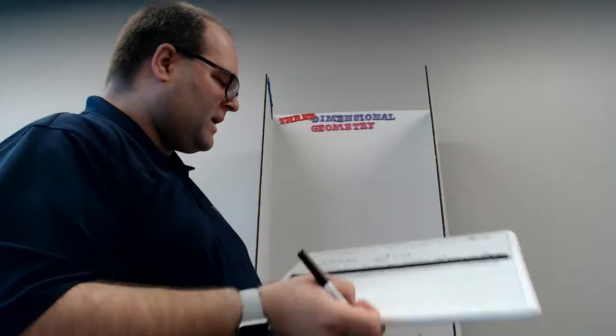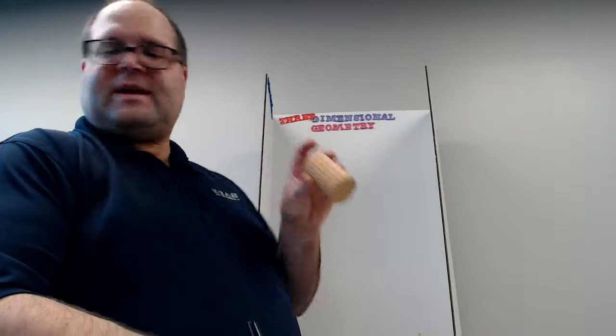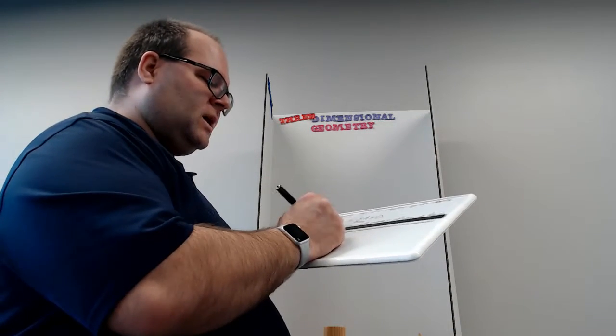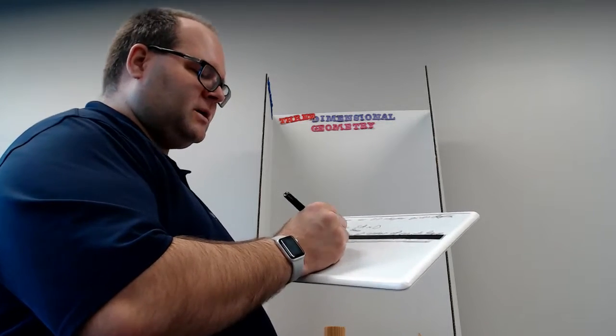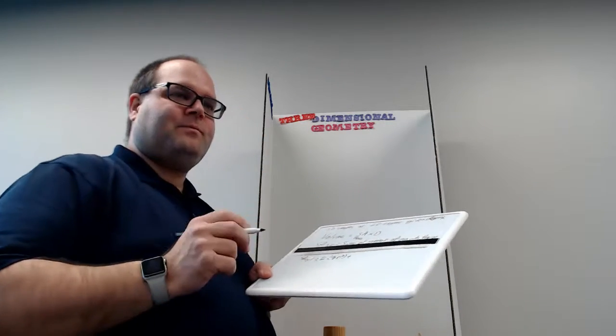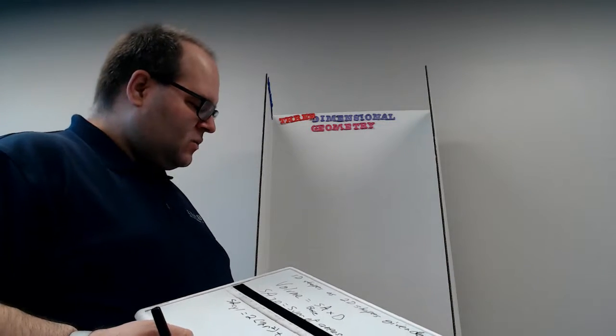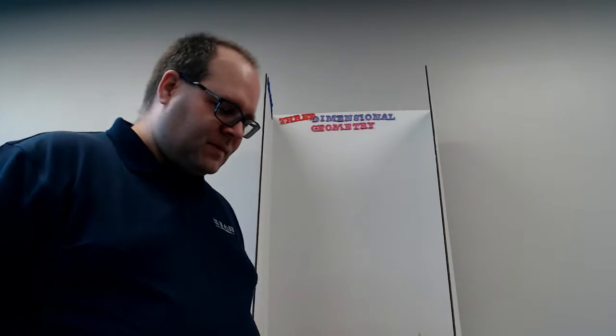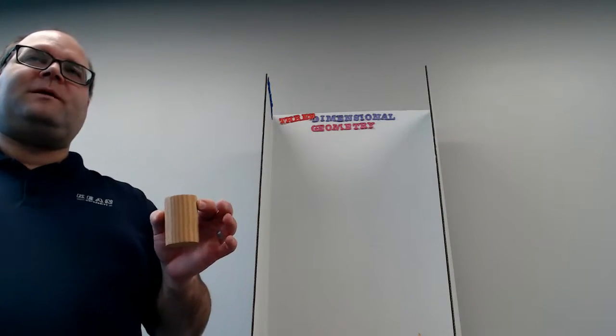And we want to figure out the surface area of this cylinder. The surface area of a cylinder: we have two circular faces, which is going to be 2 times pi times r squared, plus we need to figure out how to determine the surface area of the side, or where the label would be.